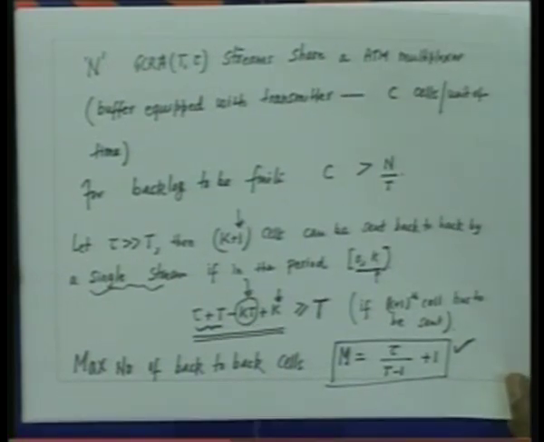Now this is by a single stream, and there are n streams. The maximum number of back to back cells is m, which I just showed is given by tau upon t minus 1 plus 1. Now there are n streams, remember. Each of them can send these back to back cells during the interval 0 to m minus 1.